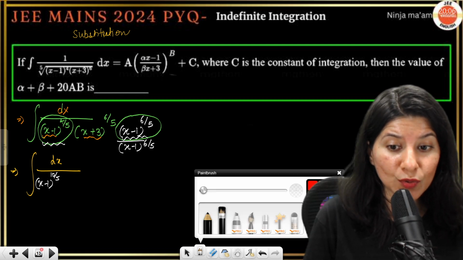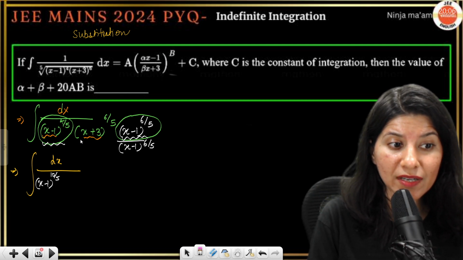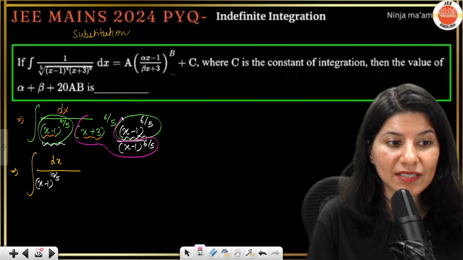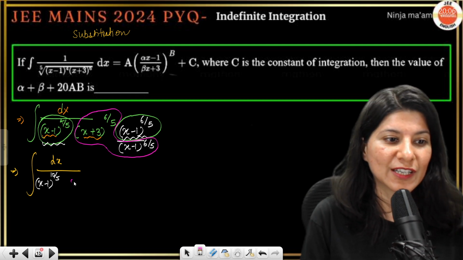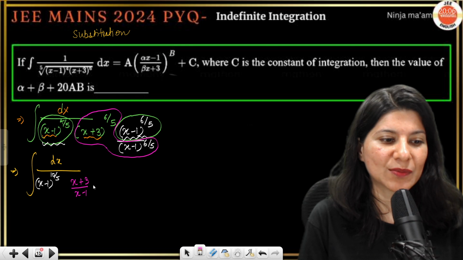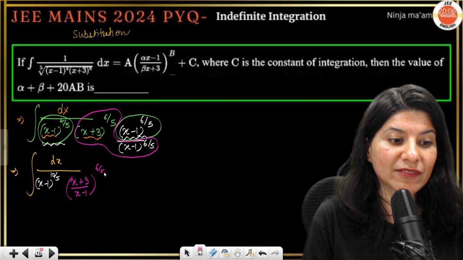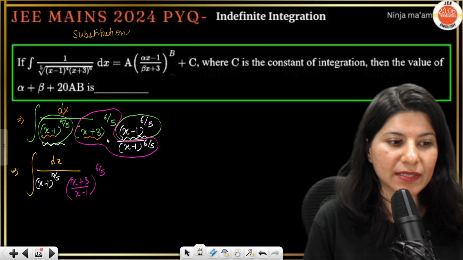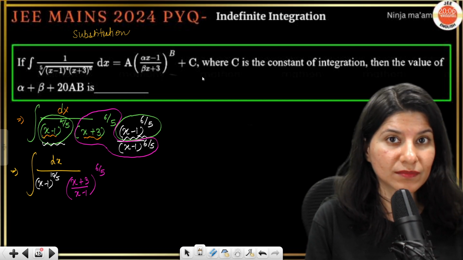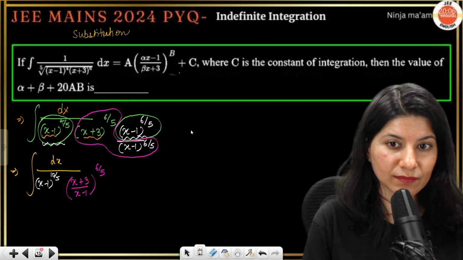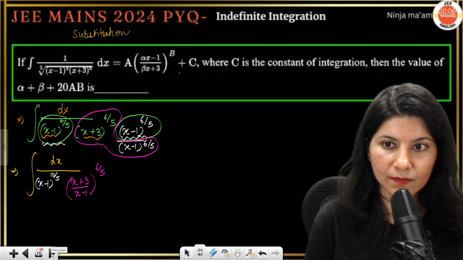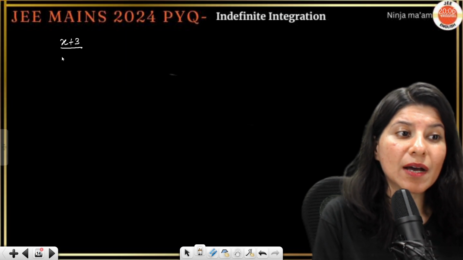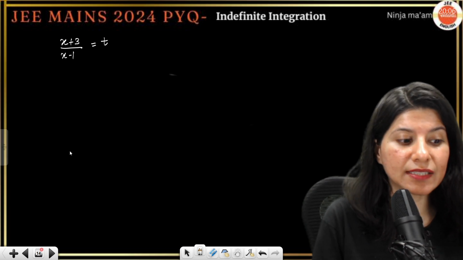And the remaining two, x plus 3 upon x minus 1, have the same power 6 by 5. Now, the fun part. Let me put this on another page. Now just tell me, if I put x plus 3 upon x minus 1 as t.